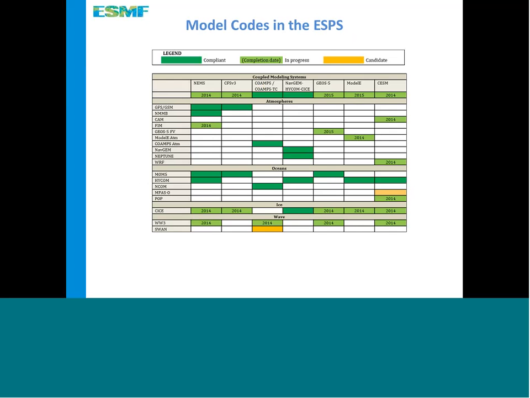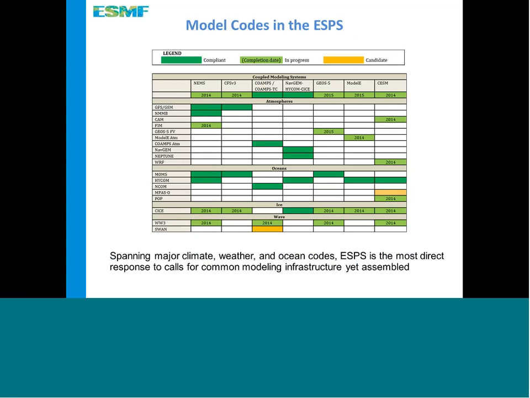And this is an eye chart showing those codes along the top axis and along the left axis what the components are within those codes. Although there's a lot of complexity, as Balaji was describing, there's also a lot of reuse of components in these codes. So you can see HICOM is used across a bunch of the codes, and MOM5 is used across a bunch of the codes.